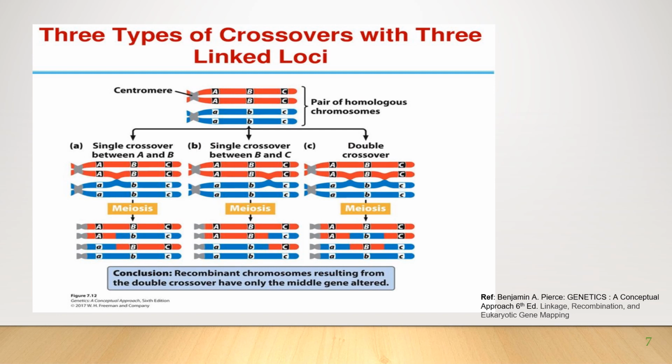Here, three linked loci are present and it shows both single crossover and double crossover. The thing to be noted here is that the recombinant chromosomes resulting from the double crossover have only the middle gene altered.